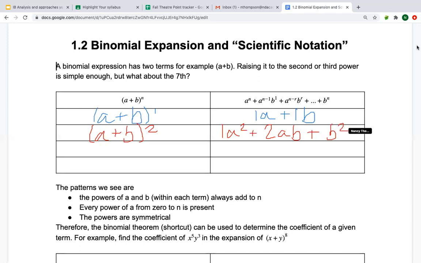plus, and then our last term would be b times b, which is b squared. For the next one, if we were to have a plus b to the third power, our first one would be 1a cubed plus 3a squared b plus 3b squared a plus 1b cubed.